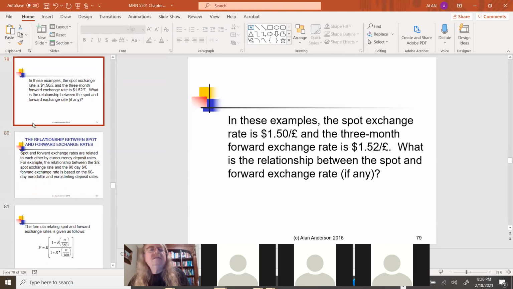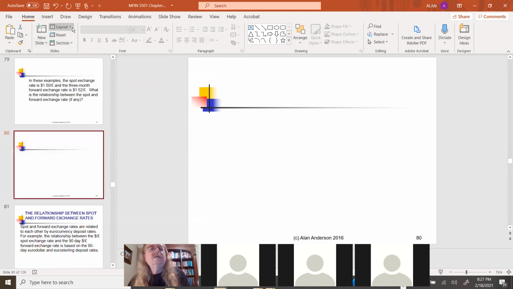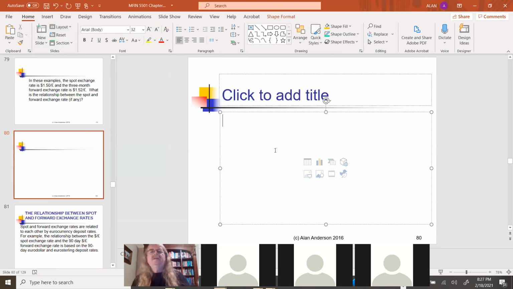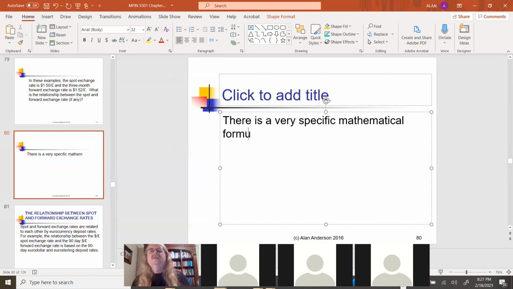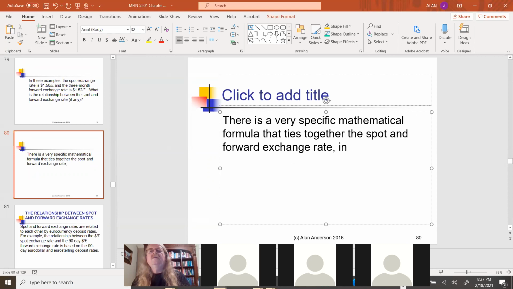Well, I'm glad you asked. It turns out that there is a very specific mathematical formula that ties together the spot and forward exchange rates, known as the interest rate parity condition.